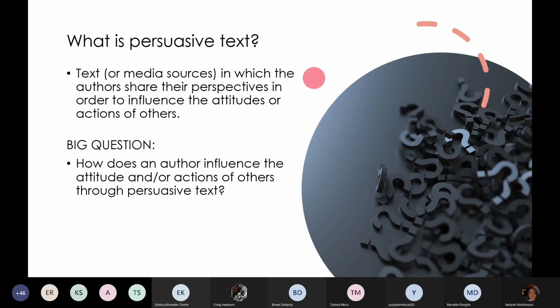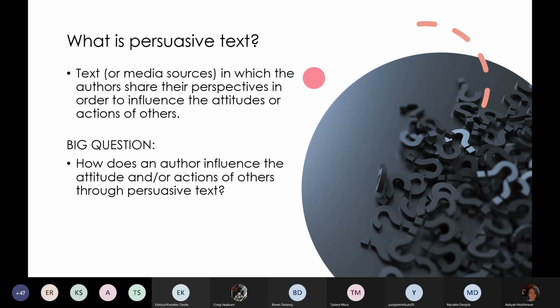So how are they seeking to influence you? How are they trying to get their point across? How are they trying to make you side with their particular point of view in reference to a matter?